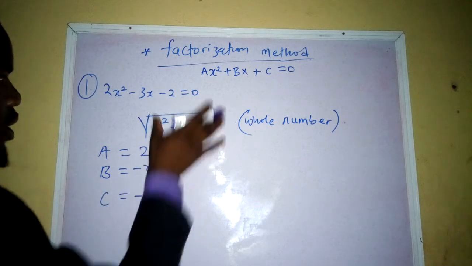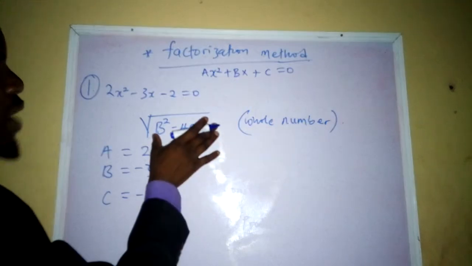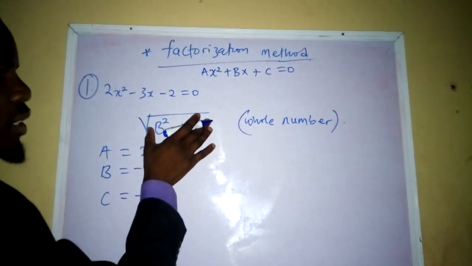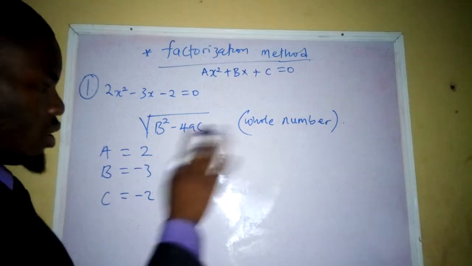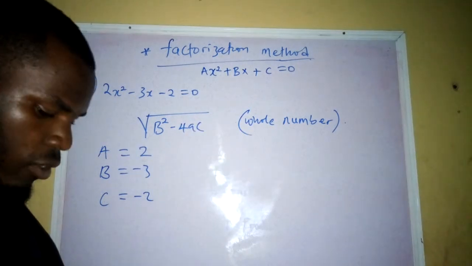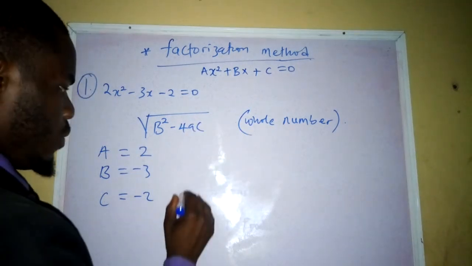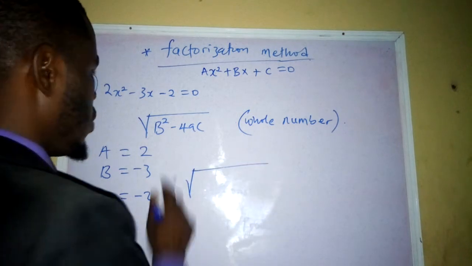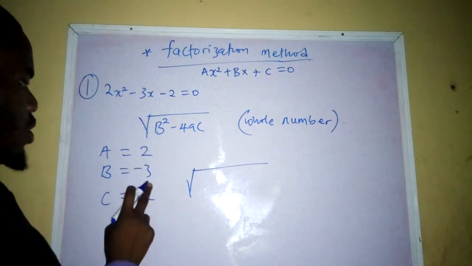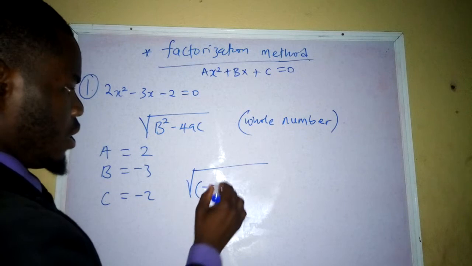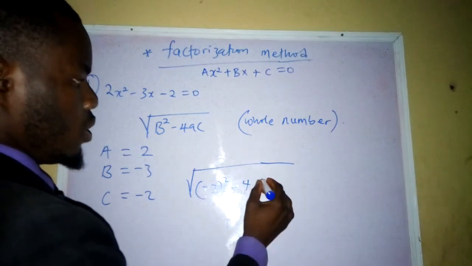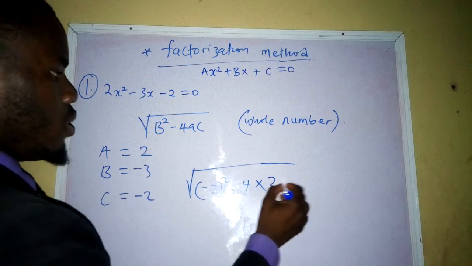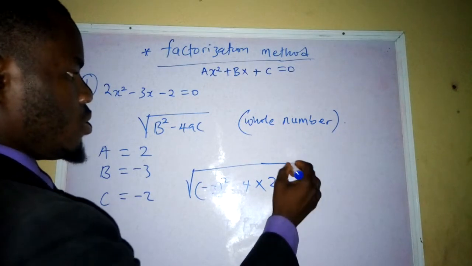So let's plug this in, and if we have a perfect square, or the square root is a whole number, then it is factorizable. Now let's go. So we have the square root of b squared, that is minus 3 squared, minus 4 times a, which is 2, times c, which is minus 2.